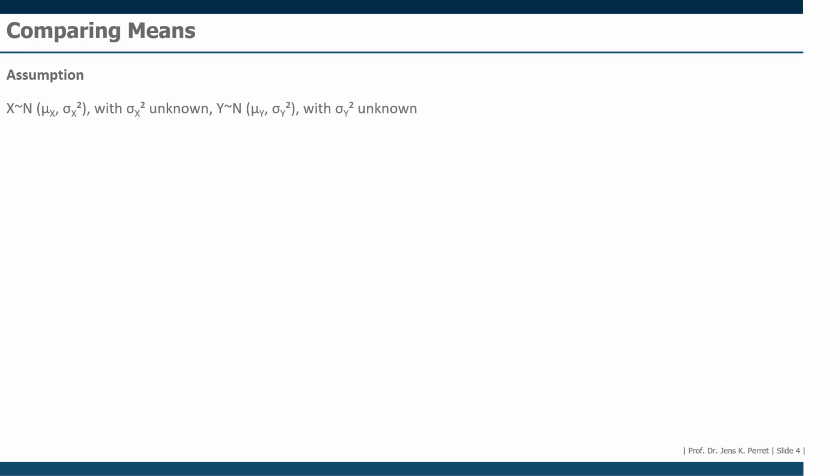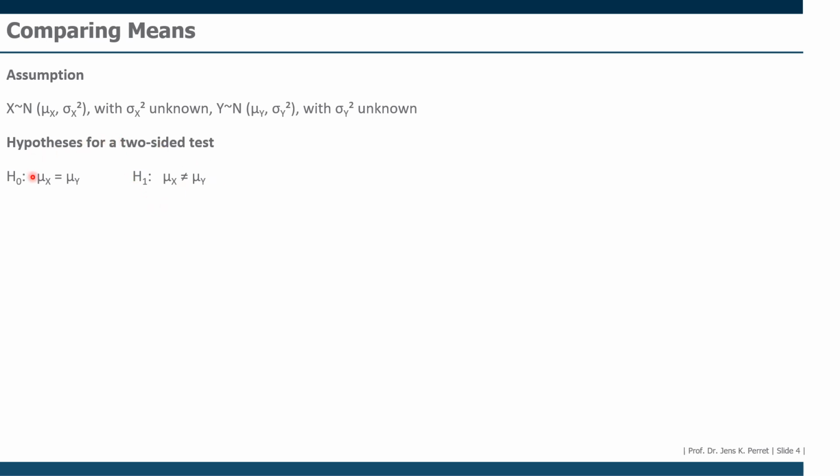We could, however, say, well, we have two samples, both of them normally distributed with unknown variances, and we want to know whether the means of the two samples actually are the same, except for random fluctuations, or they are significantly different. Which also leads us to our hypotheses. Again, for a two-sided test, the means are the same, H0, the means are significantly different, H1.